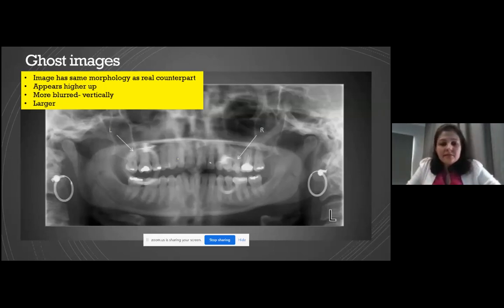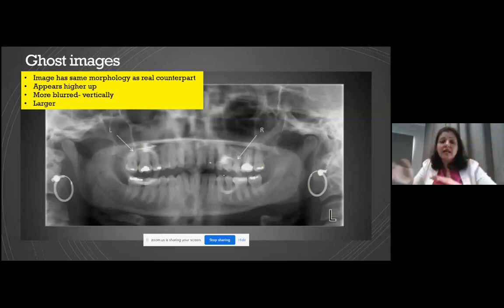So, for example, in this case the X-ray was taken with the earrings on deliberately, to make you understand what ghost images are. The impression of the left earring, I should say the shadow of the left earring, is actually on the right side of the radiograph, and the right earring is on the left side.